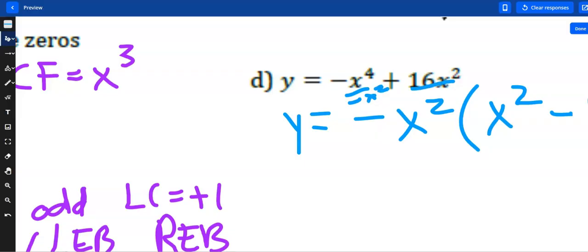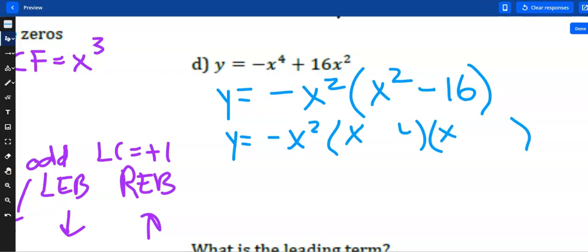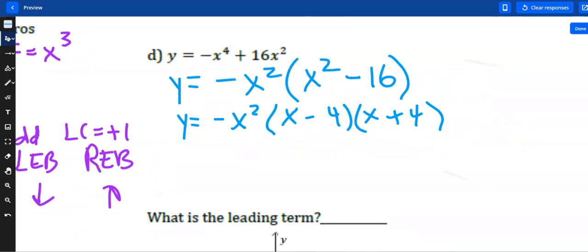And that's why the second term turns into a negative. So I now can see that I have a difference of perfect squares. Square root, one's a plus, one's a minus.